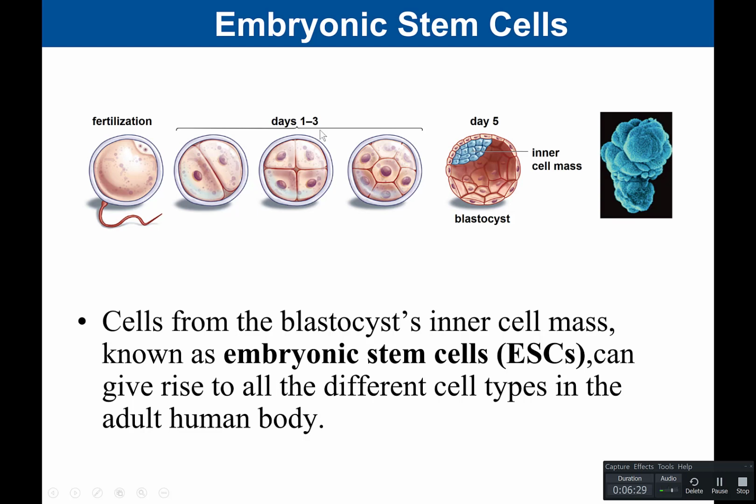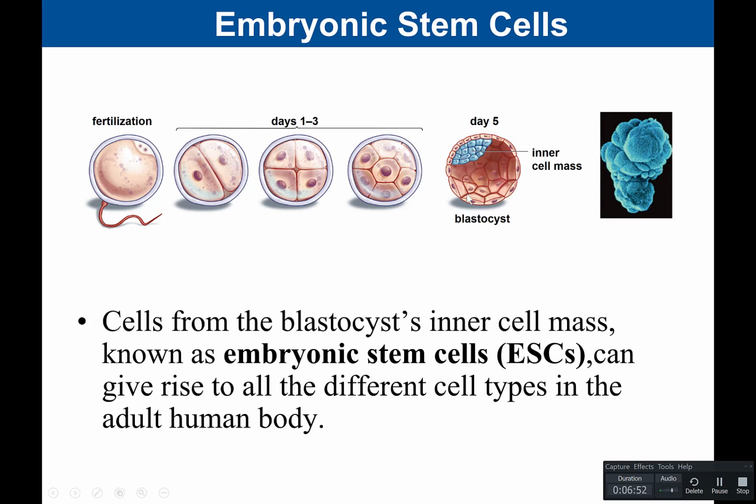Those two cells divide to 4 to 8, and when we get to about day 5, we have what's referred to as the blastocyst. And within the blastocyst, there is a group of cells that are called the inner cell mass. The inner cell mass are going to give rise to all the cells of the organism.